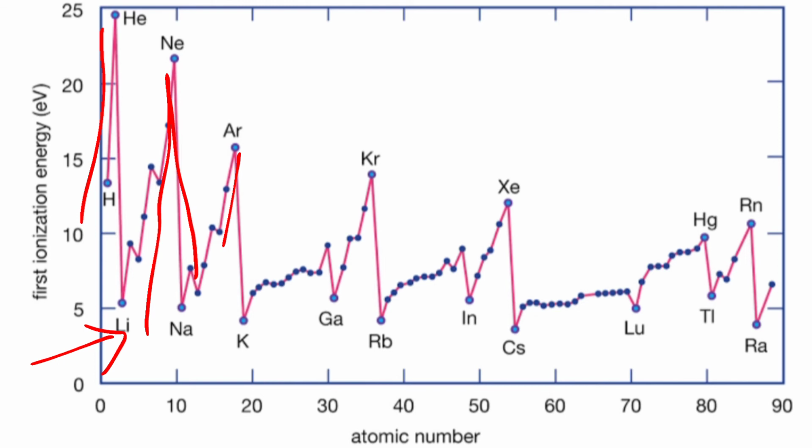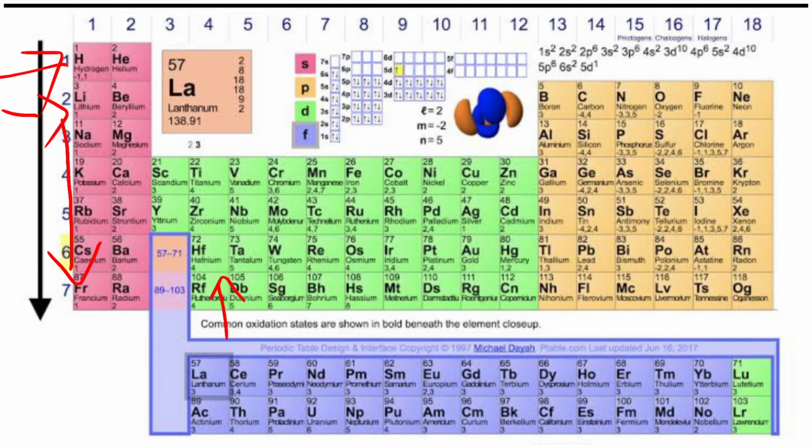It shows the fluctuations. This is a graph, and this is not in your book. It is just for understanding how the fluctuations take place and how the energy is increasing at the period level. You can also see here the group level decreasing and the period level increasing. Keep it in mind.